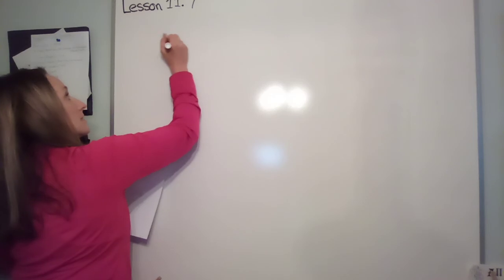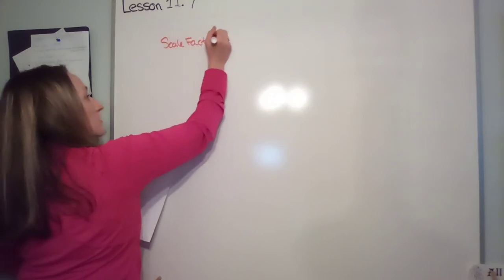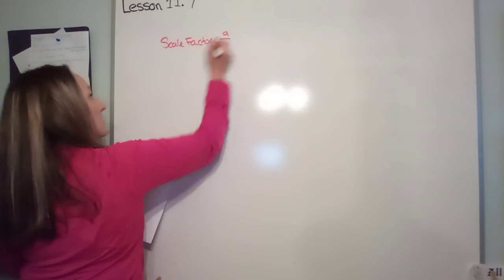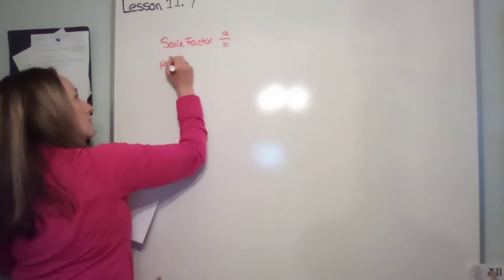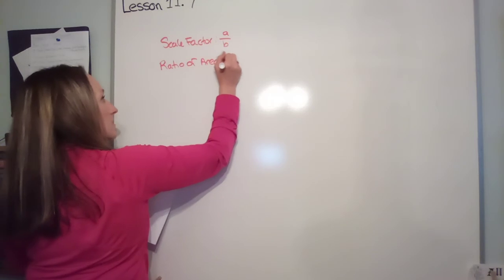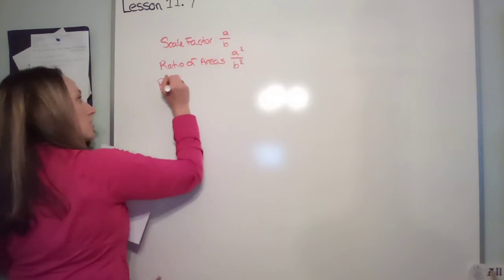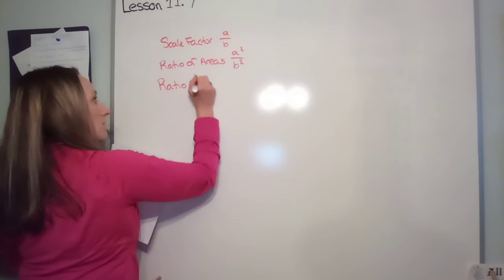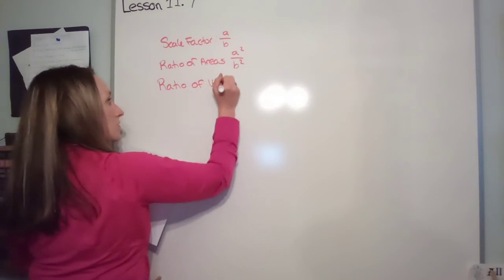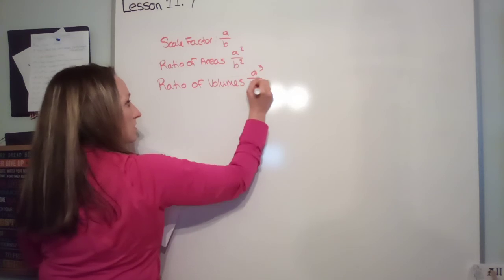So as soon as I hear that word similar, I'm thinking scale factor, A to B. Ratio of areas, A squared to B squared. Ratio of volumes, A cubed to B cubed.